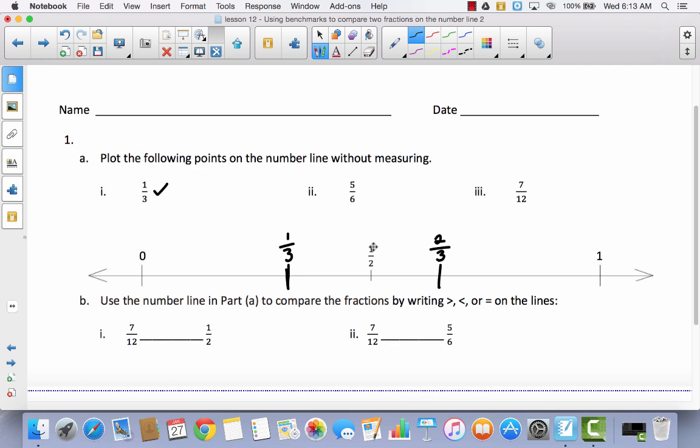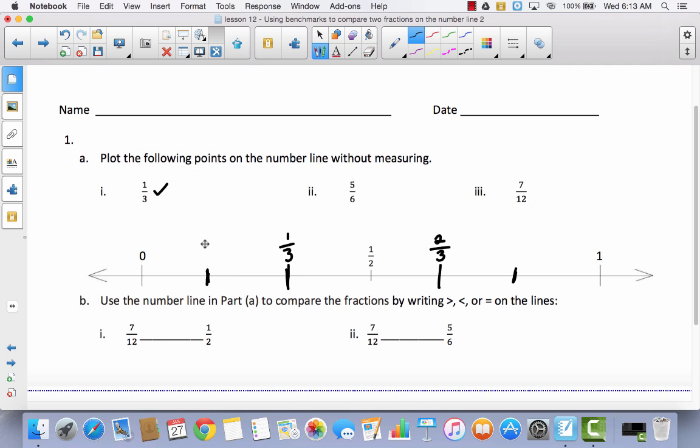Now we have to do sixes. So if these are thirds, 1, 2, 3, then I can make these into sixes by dividing the thirds in half. So I'm going to divide this third in half right here. This is already dividing that third in half, and this is going to divide this third in half.